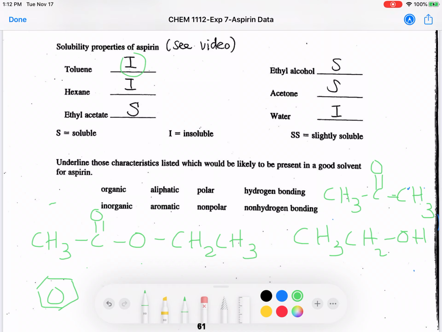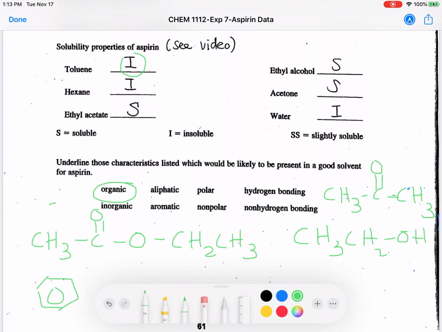So based on those things, what do you think would be the good characteristic? All of these are organic, and water is inorganic, since it's insoluble in water, and all of these solvents are organic except water. Water is inorganic. So organic would be a good one. And then between aliphatic and aromatic, which one would you prefer?